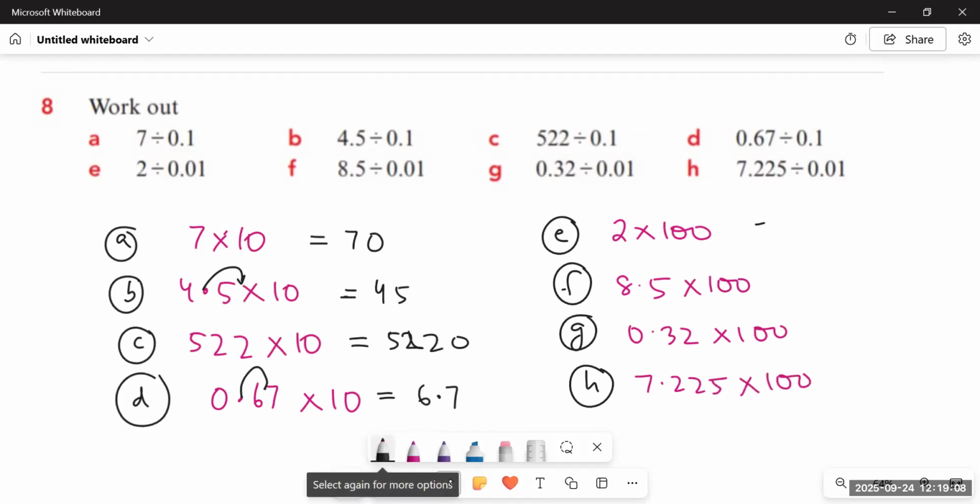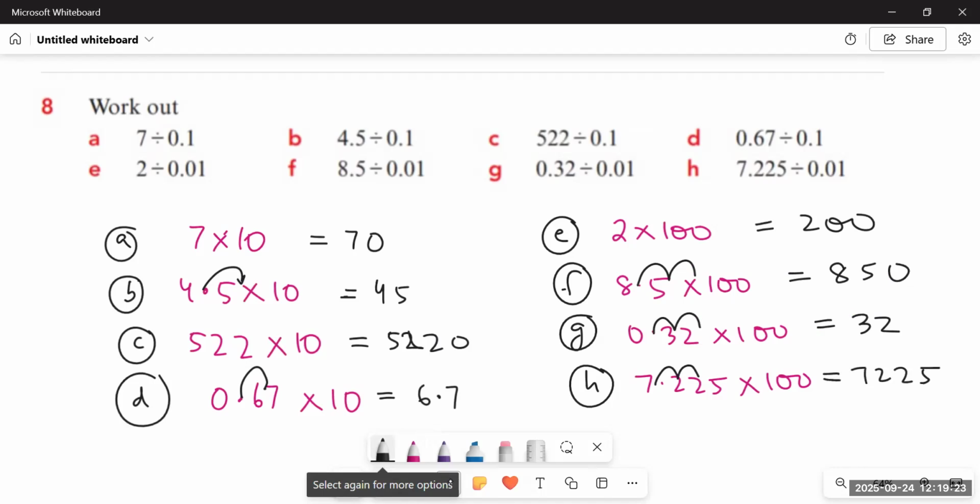So 2 times 100 is 200, 8.5 times 100 is 850, 0.32 times 100 is 32. 7.225 times 100 is 722.5, because always remember the decimal will only move 2 places forward when you are multiplying it by 100, and it will move 1 place forward if you are multiplying it by 10. So make sure you do not make any mistake over here.